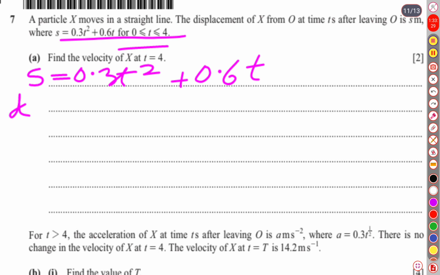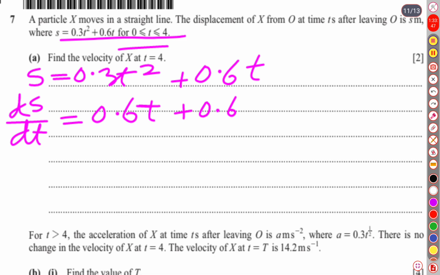So let's differentiate the displacement, ds/dt in terms of t, then it is going to be 0.6t + 0.6t to the power 0, that means 0.6. So v is equal to 0.6t + 0.6.